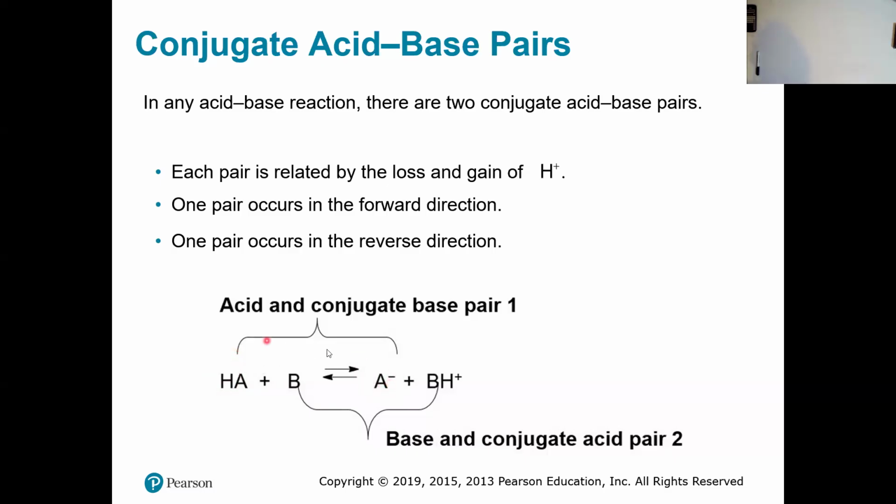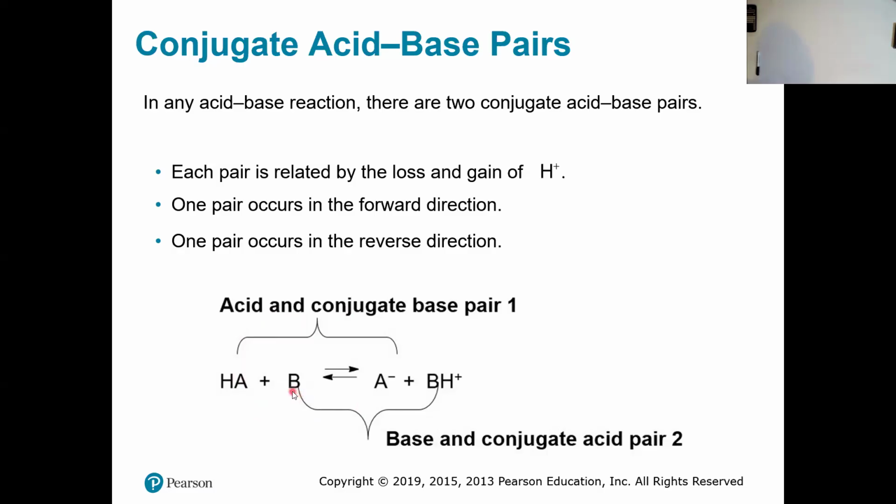But these two things are linked to each other, because this is what it started as, and this is what it ended as. That pair of substances, the starting substance and the ending substance, is called a conjugate acid-base pair. So this is your acid, and this is the conjugate base that it forms on the product side.